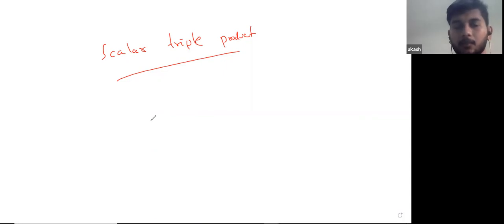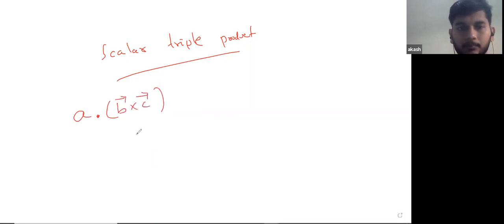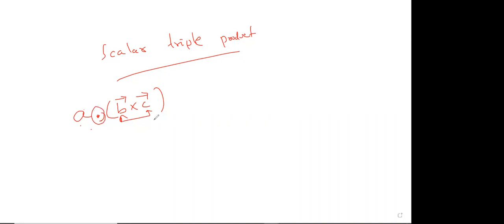What this means is we are going to multiply three vectors, and this will be written like this. Two vectors will be cross multiplied. After that, another vector will be dot multiplied. That is why it is called scalar triple product, because finally we are using the dot product, the scalar product.